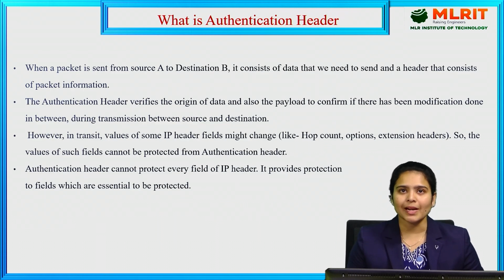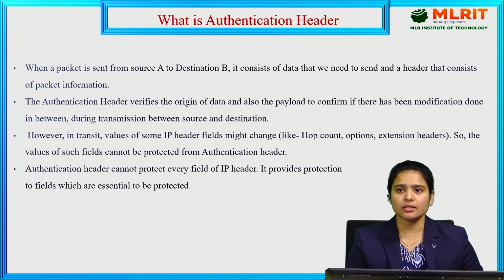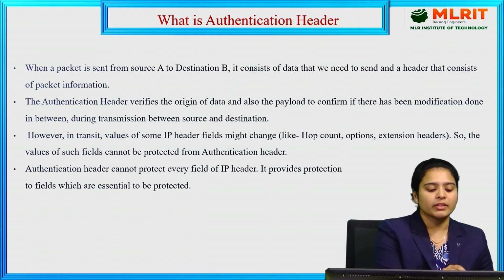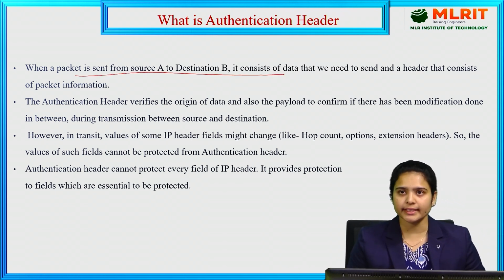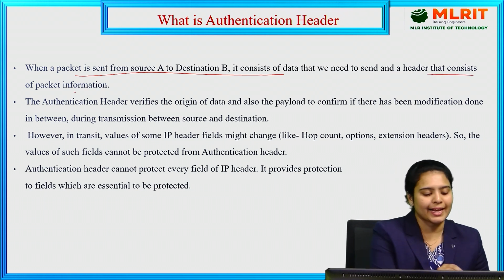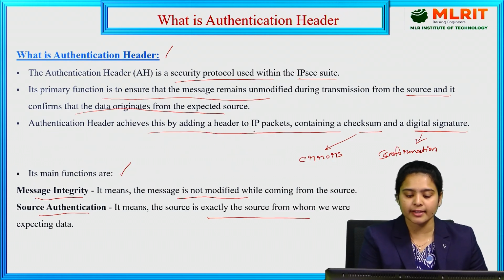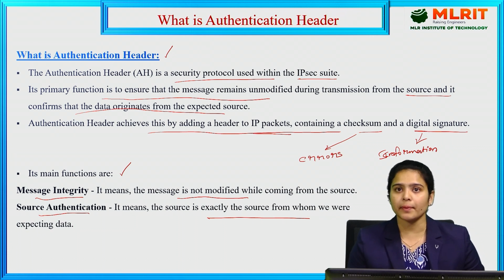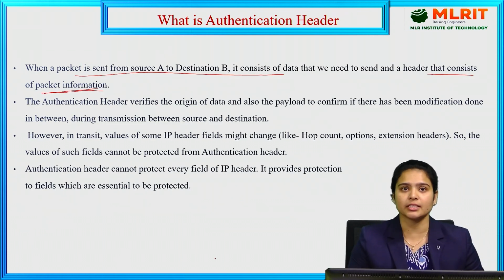And what will happen in the authentication header if the process runs from user A to user B, means from source to destination. When the packet is sent from A to B, it consists of the whole data and the packet information. We already discussed in the previous slide that the header is added to IP packets. IP packets contain packet information, whether it is some message or some kind of data.